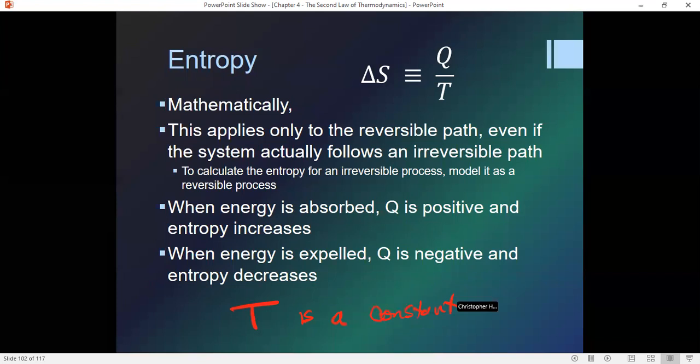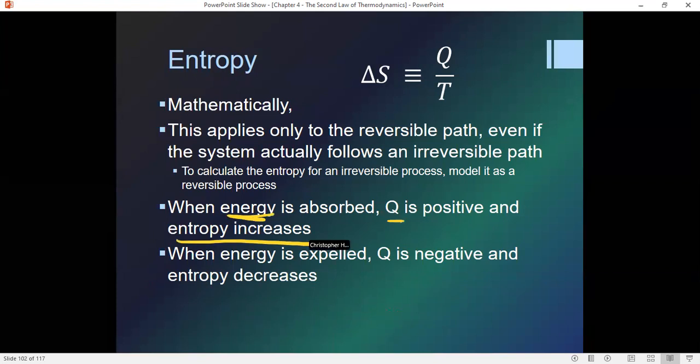For adiabatic processes, we'd have to use something like, and I hate to do this because I keep saying, oh, it's another calculus course, dS is equal to dQ over T. All right. When energy is absorbed, Q is positive and the entropy increases.